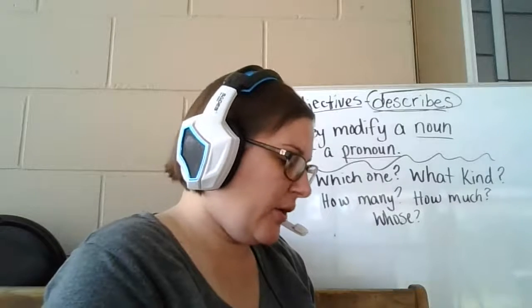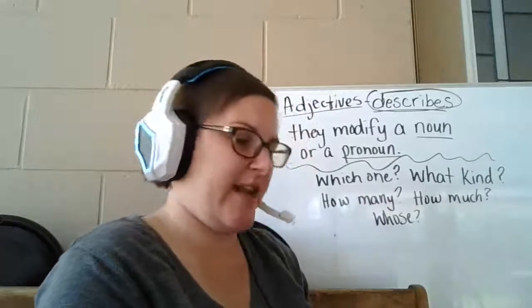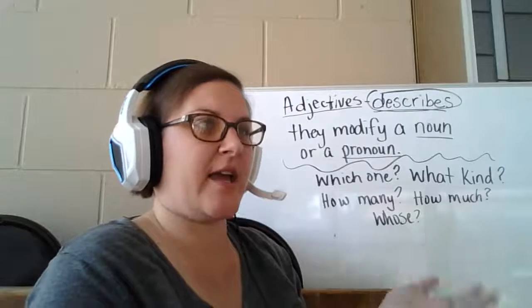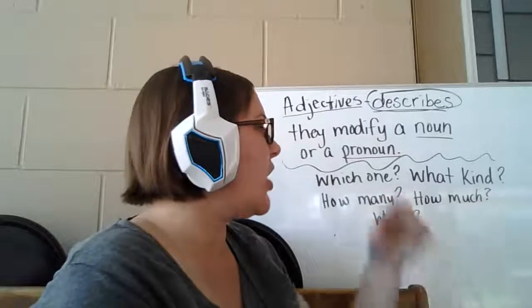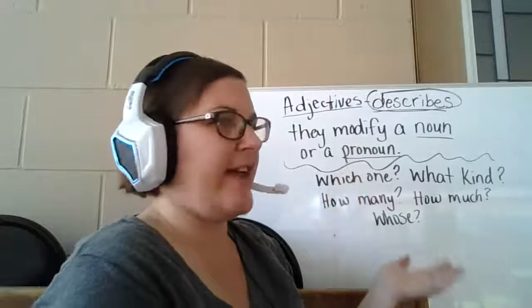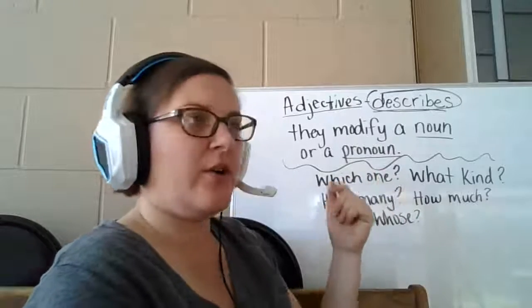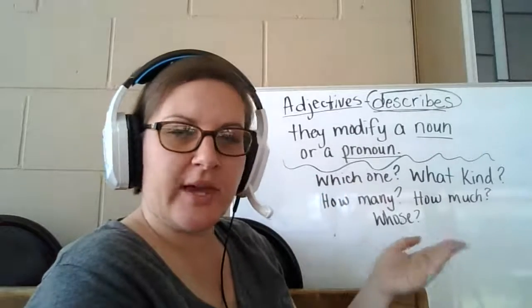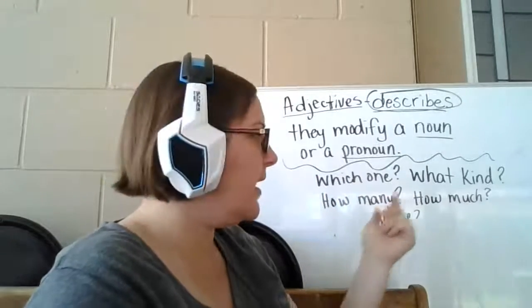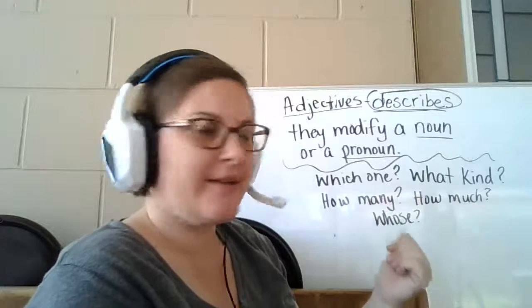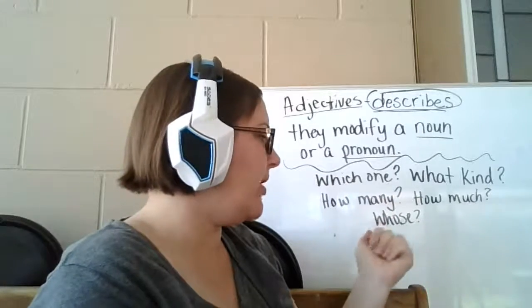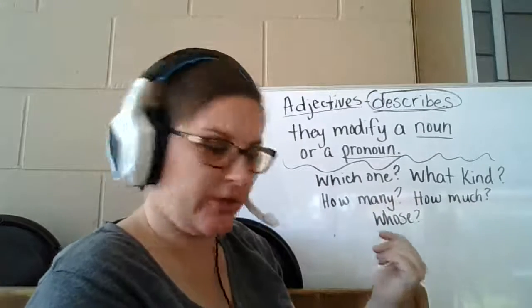If you don't know if it's an adjective, you can stop and ask these 5 questions. If you find a noun, you should be able to find which one. These are your questions: which one, what kind, how many, how much, and whose.